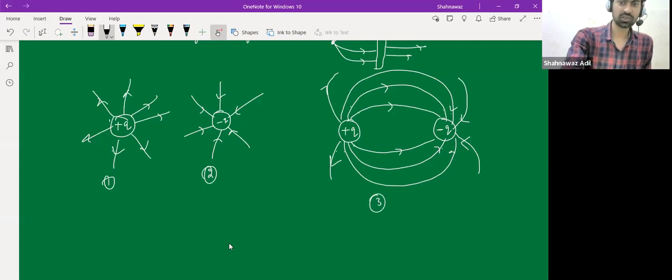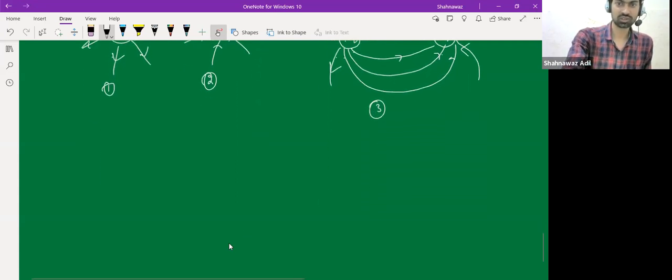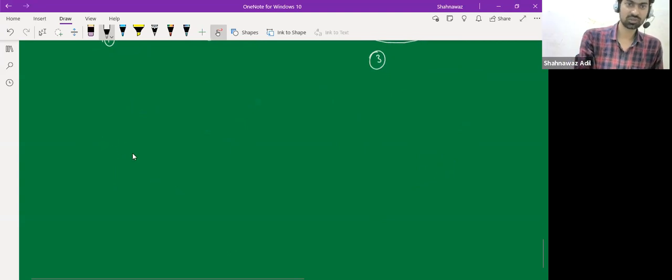Okay, so this is the third one. And what about, let's say, you have two positive charges. So this will come, and this is the neutral point. At this point, the electric field is 0. So the lines will come and go like this.